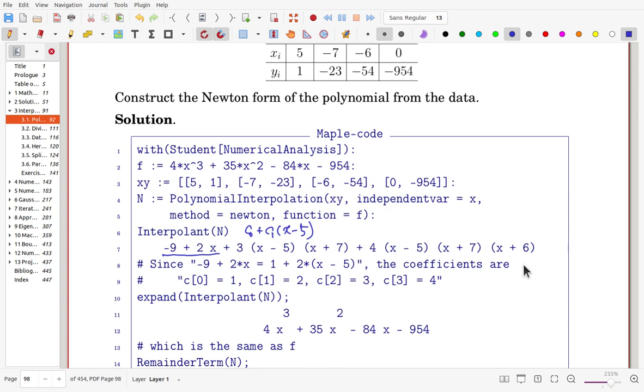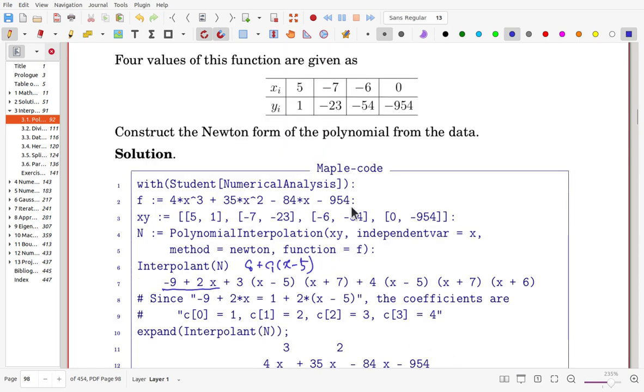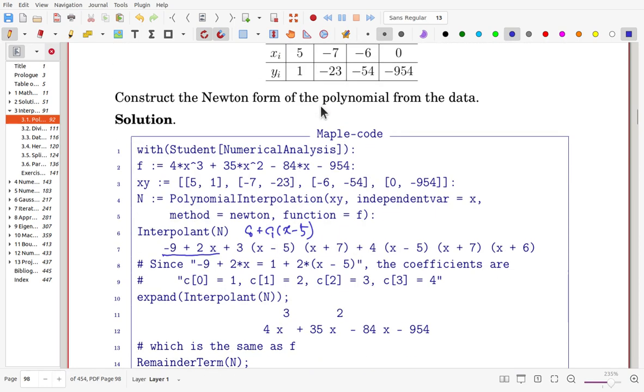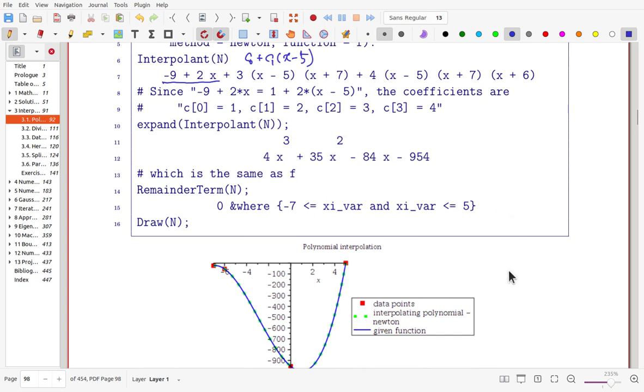Now, if we expand, then that polynomial is the same as the original one. Okay? So if we try to get the remainder and error, then the error is 0.